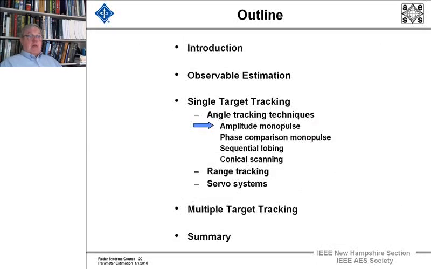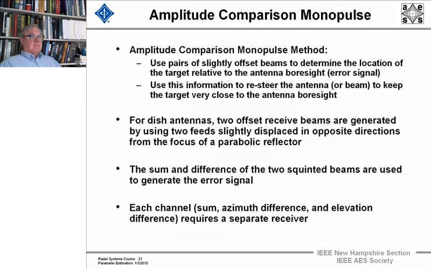Now we're going to look at amplitude monopulse in detail. Okay, the amplitude monopulse comparison technique. That method uses pairs of slightly offset beams to determine the location of the target relative to the antenna boresight.